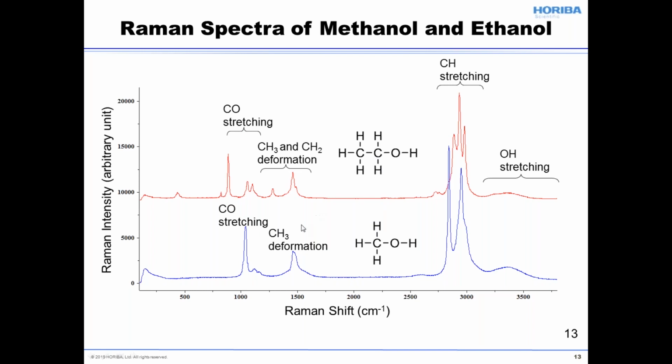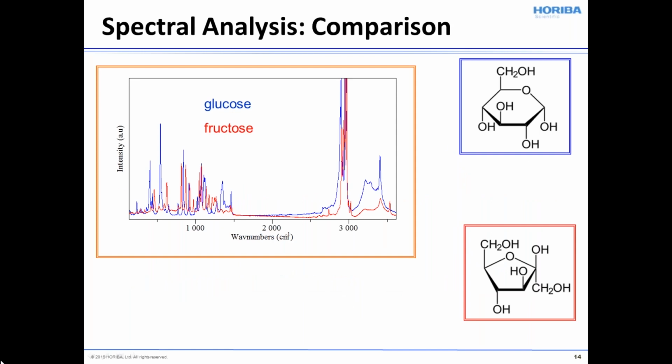And yet, look at how different the Raman spectra are. Raman spectroscopy, just like infrared spectroscopy, is sensitive to chemical bonding and molecular structure through the vibrational modes. And you can see that clearly just in these spectra of methanol and ethanol.